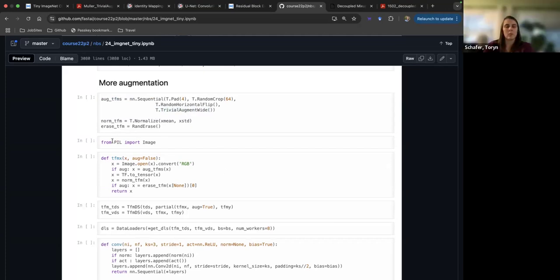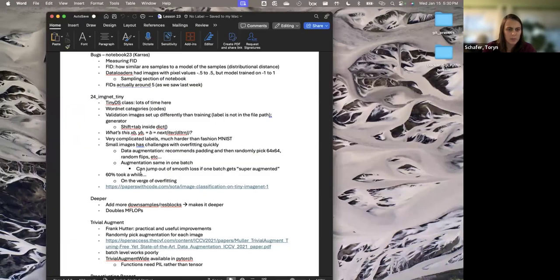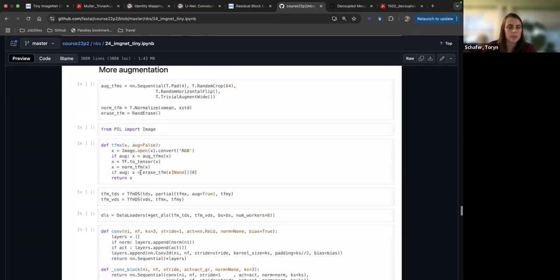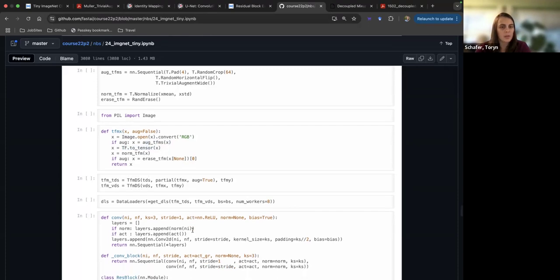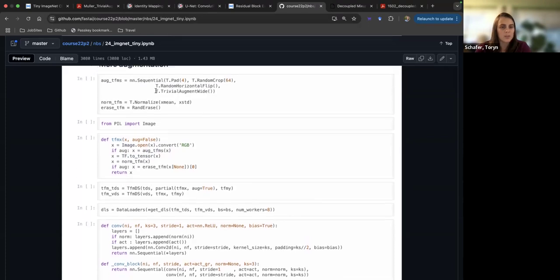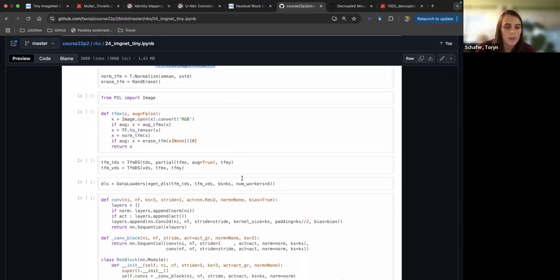And then you have to do this whole transformation from an array to a Python image library, a different type of object in Python, essentially. So he's using the Python image library to open, then doing the augmentation, then making it back to a tensor after the augmentation. And again, it's just because these functions don't work on that.